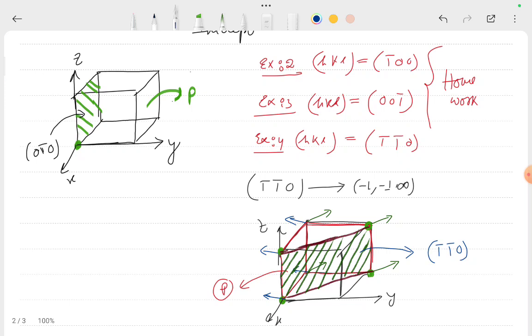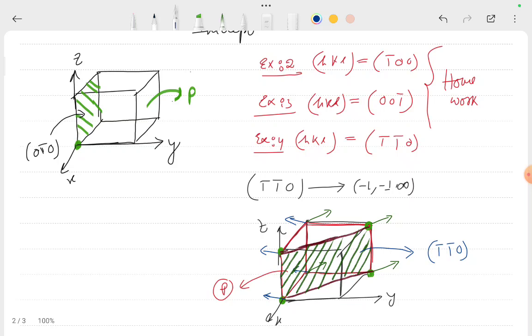We take an arrow at the corner of the negative face side of the y-axis, along the y-axis, and then we check which arrows are alone, I mean the arrows do not cross each other, and then mark those points and connect them. This is your negative Miller indices plane.